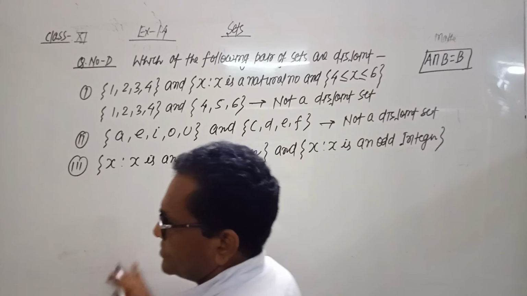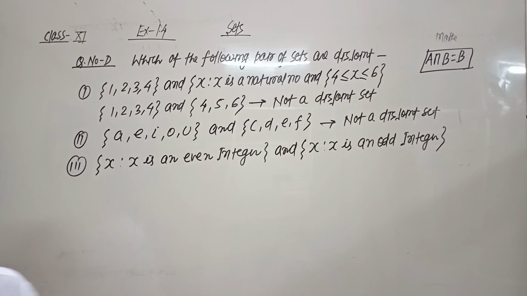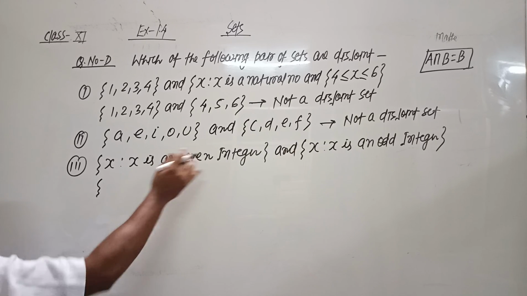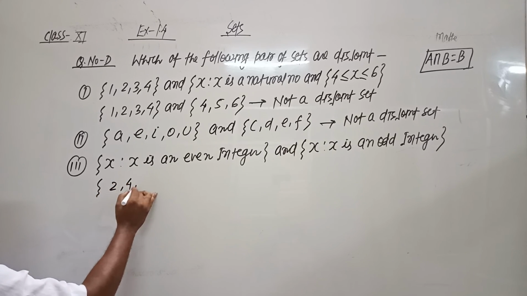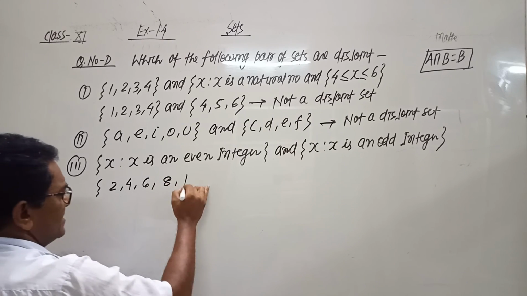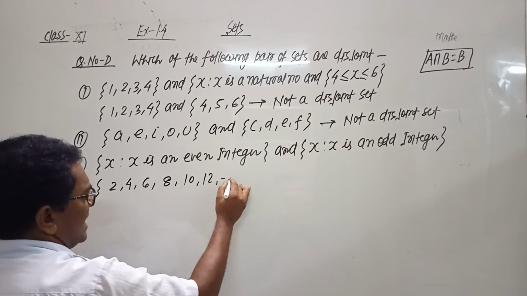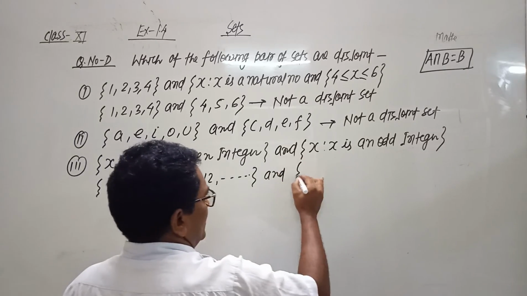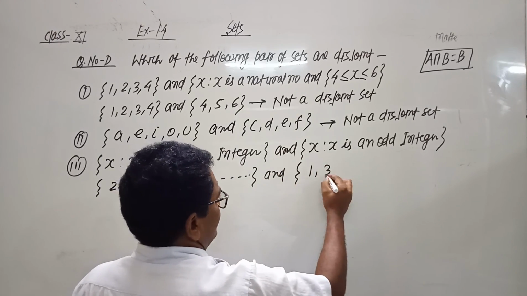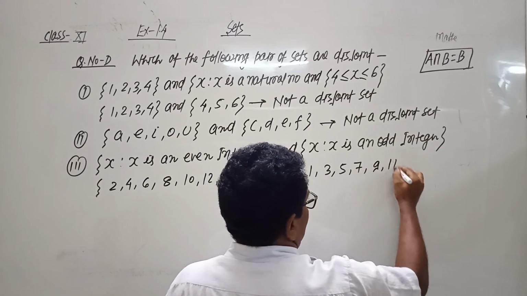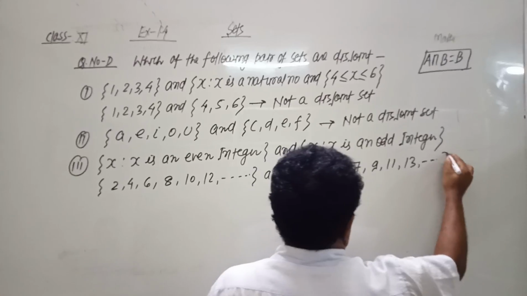So we know that when we write the even integers in roster form, they will be 2, 4, 6, 8, 10, 12 and so on. The odd integers in roster form are 1, 3, 5, 7, 9, 11, 13 and so on.